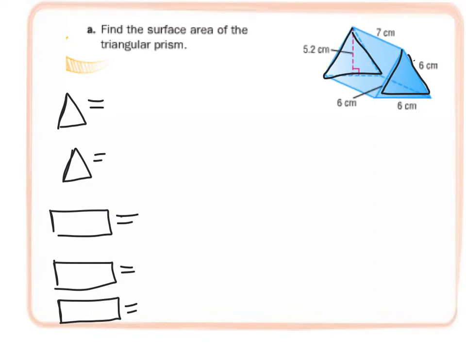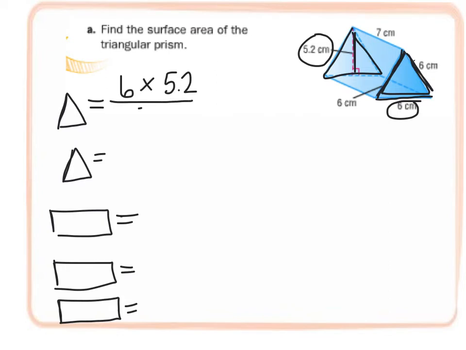Okay, I have my triangles. I see the base of my triangle is 6. That one's pretty easy. The side number is 6, and so is this one. But with triangles, remember, I don't care about the side, the slant height. I want the straight up and down height. That one's 5.2. So I'm going to have 6 times 5.2, and then divide that by 2.